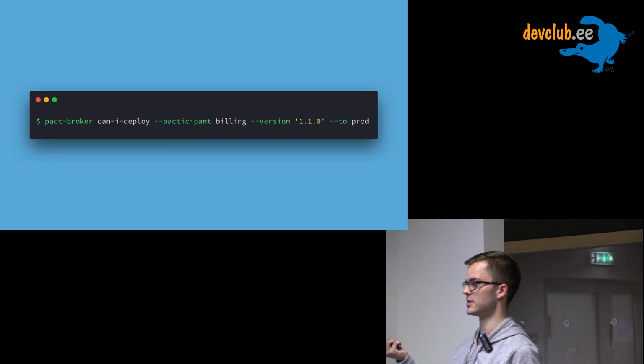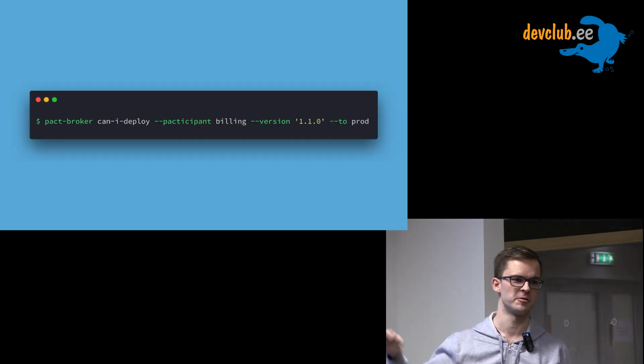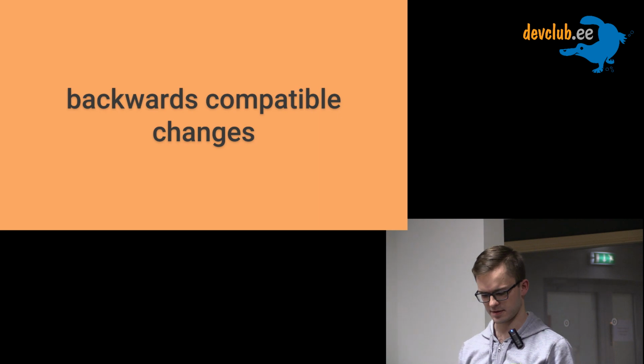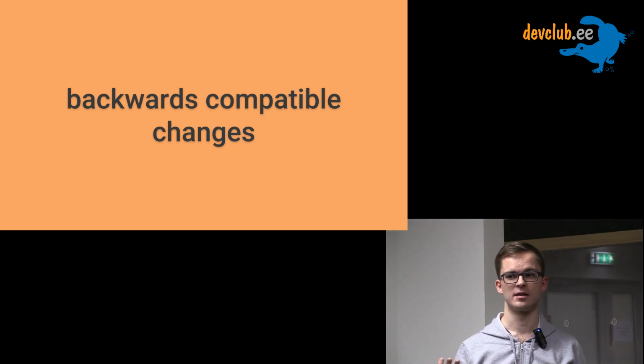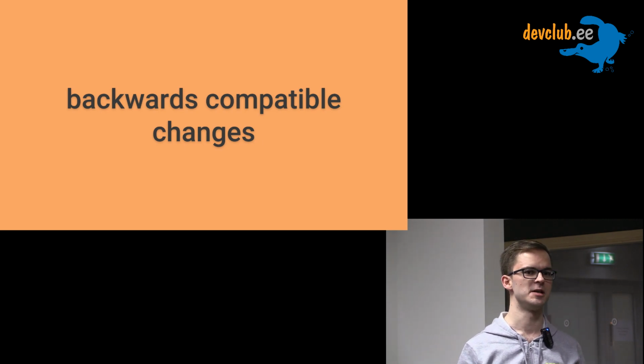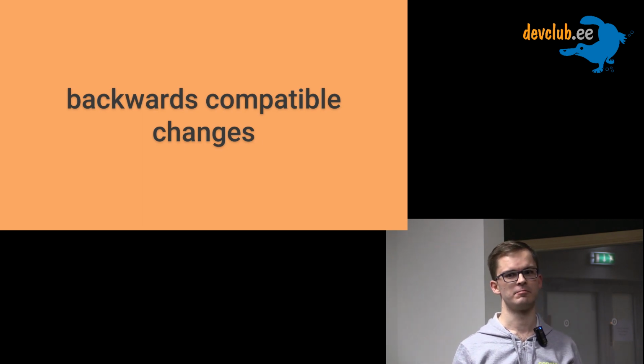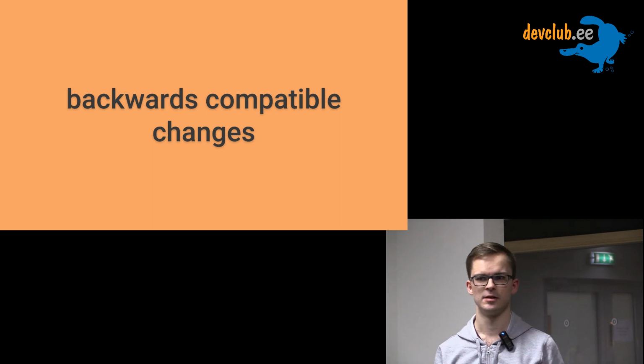This is important because then this step will work later on. So yeah, backwards compatible changes. And now we know that every time we make a change, let's say on the provider side, we will get immediate feedback on whether we have broken any of our clients, for example.